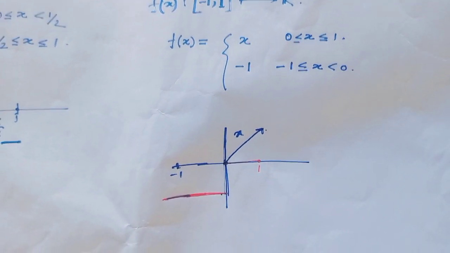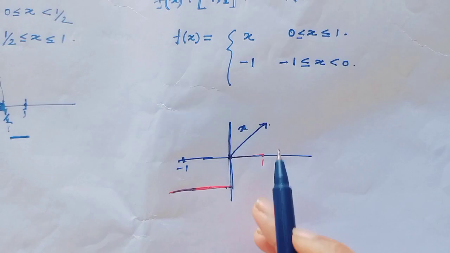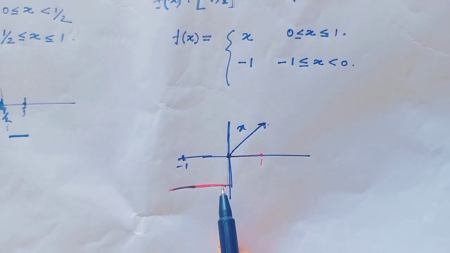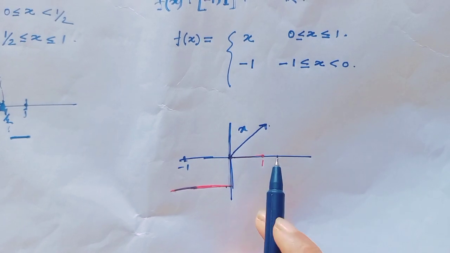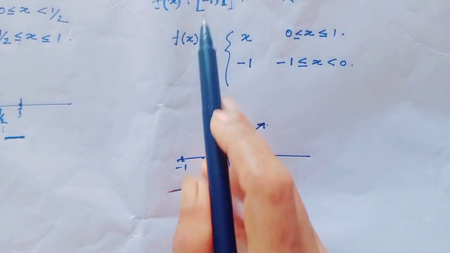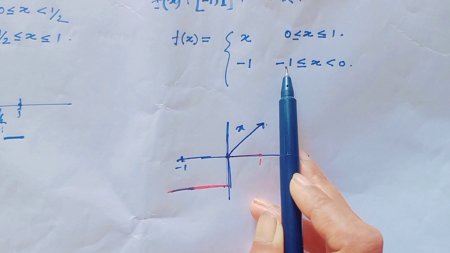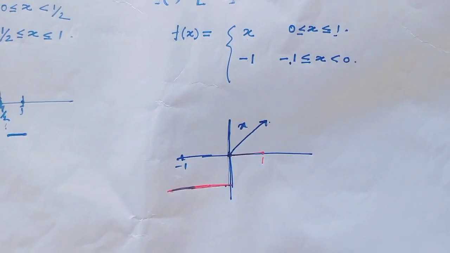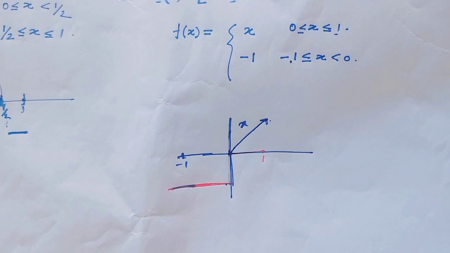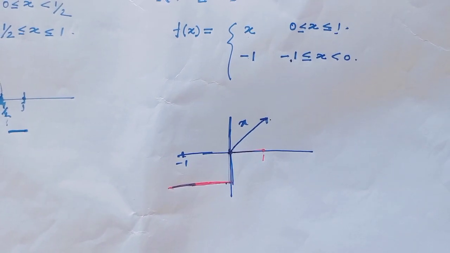Notice here the function has a discontinuity, but at the point minus 1 the value is minus 1 and at the point 1 the value is 1. That means f(a) times f(b) is less than 0.